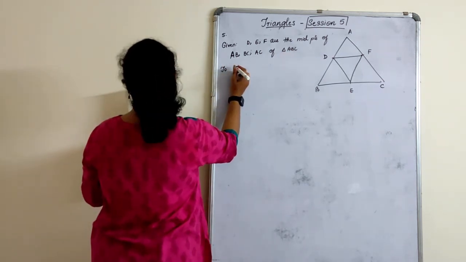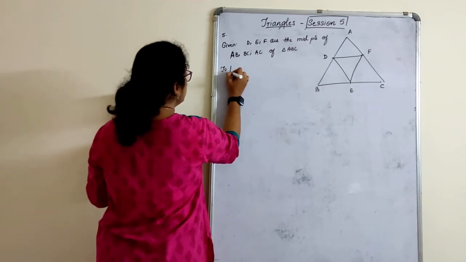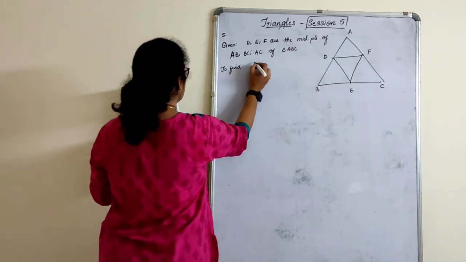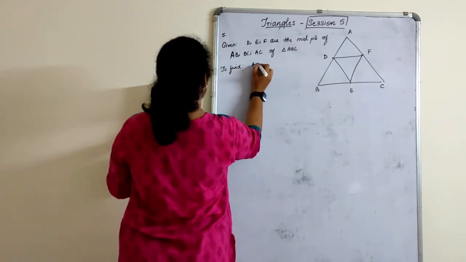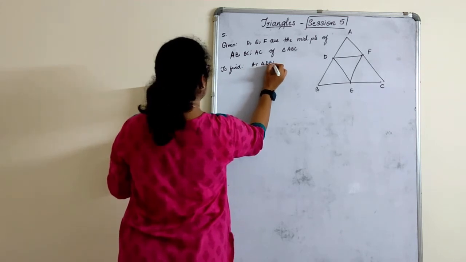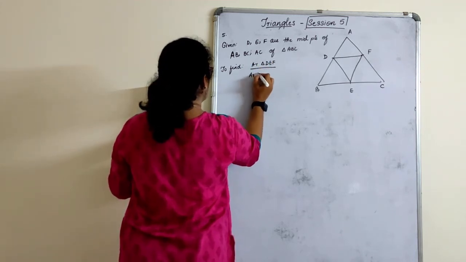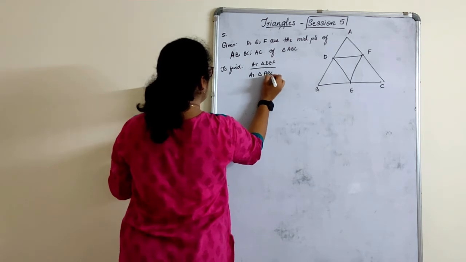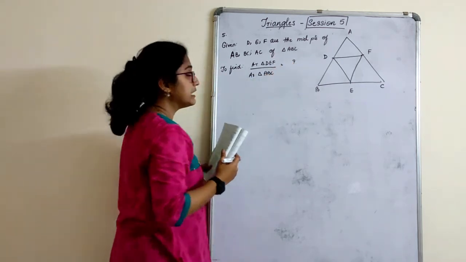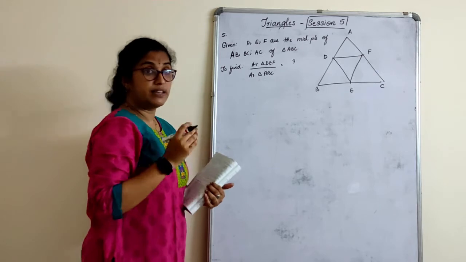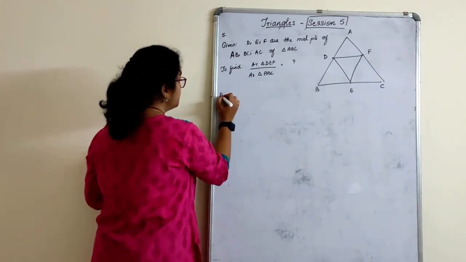To find: it is not to prove but to find the area of triangle DEF to area of triangle ABC. How much we have to find that in ratio, and that always comes in numericals. Proof.